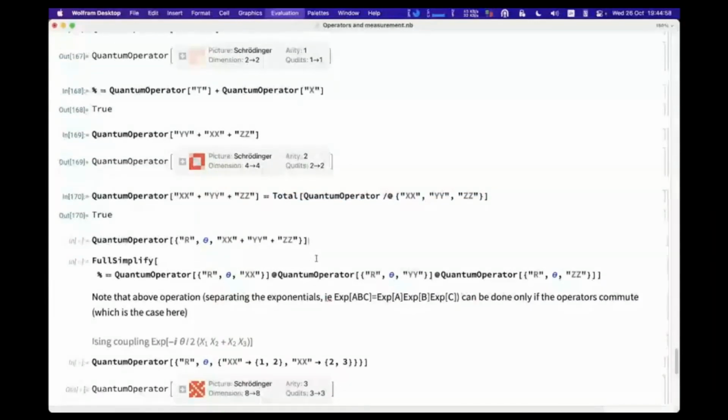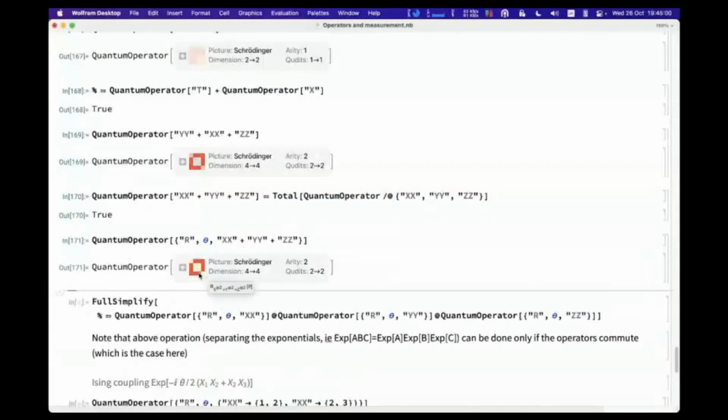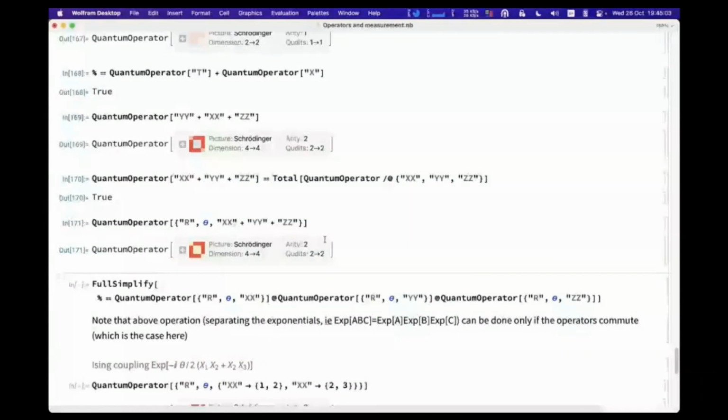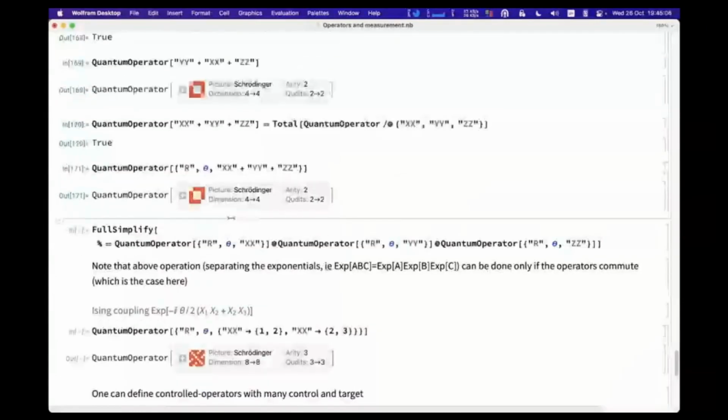What's interesting is the generic rotation operator. Given a coupling constant, represented by theta, you can have a composite quantum operator and create the corresponding exponential. Remember, in this case, when you have a time independent operator, the exponentials represent the time evolution operator.